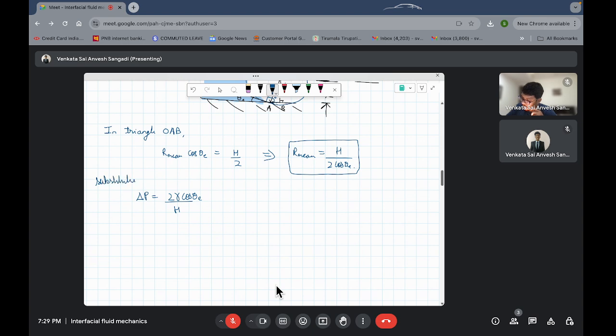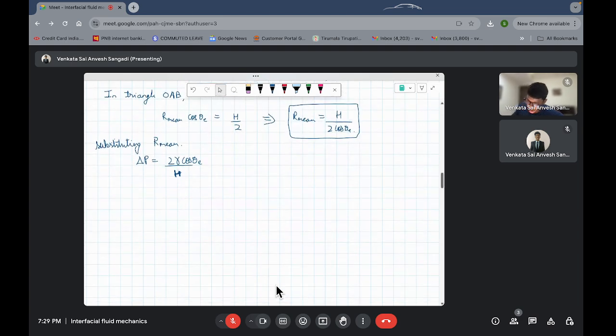Then the pressure is given by 2 gamma cos theta e by h.